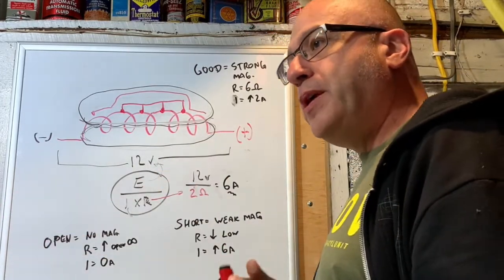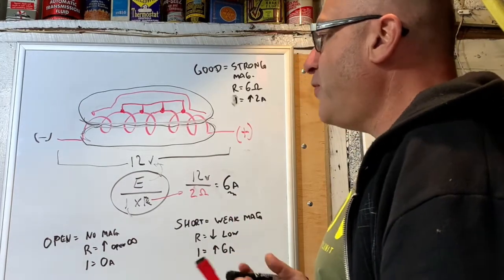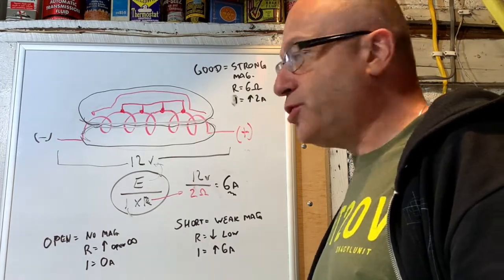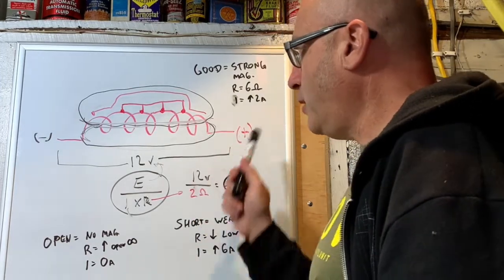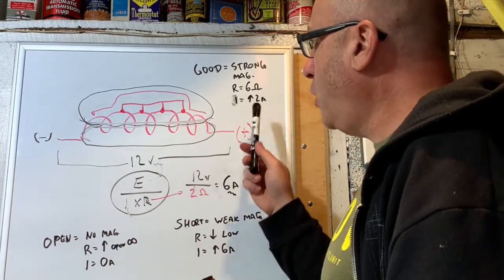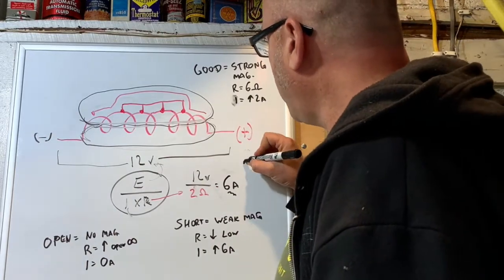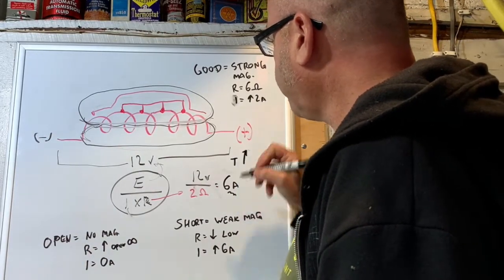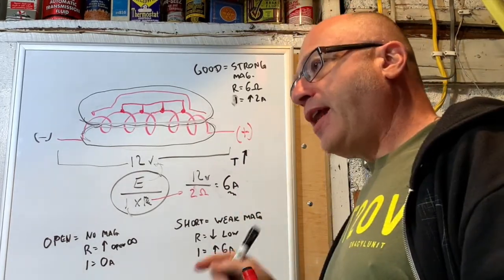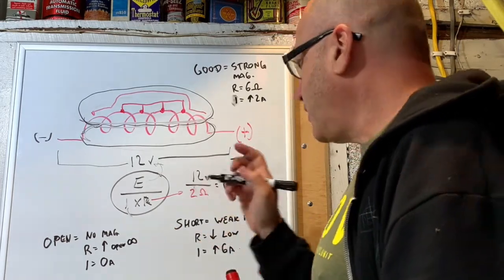Okay. So, being a good diagnostician, one of the things that can happen with a coil is that its temperature will change. As it's good and cold and strong and has a good magnetic pull, what is going to happen is that as the temperature increases, if you remember one of the basic rules of electricity, as the temperature of an object goes up, its resistance goes up as well.